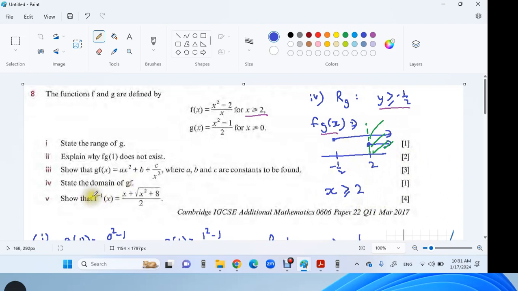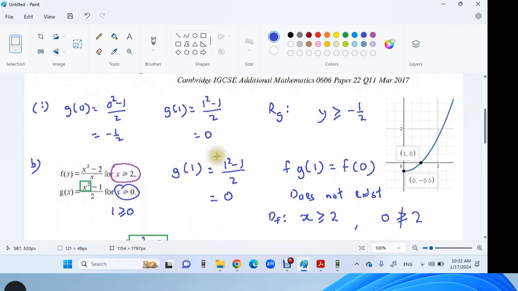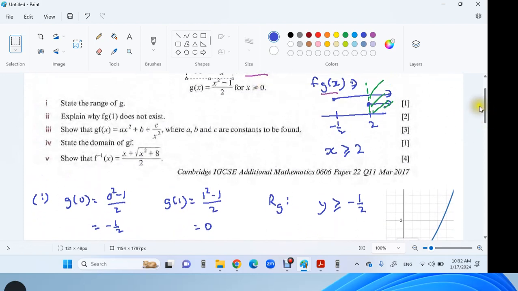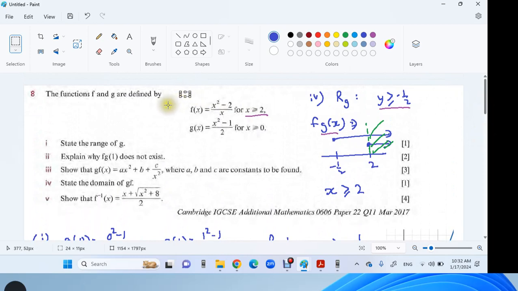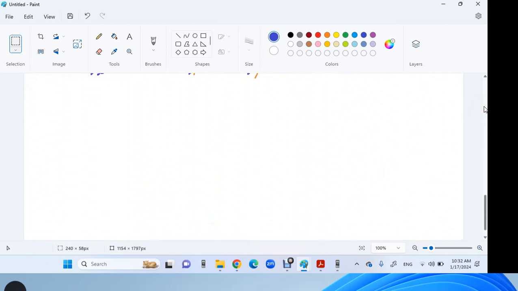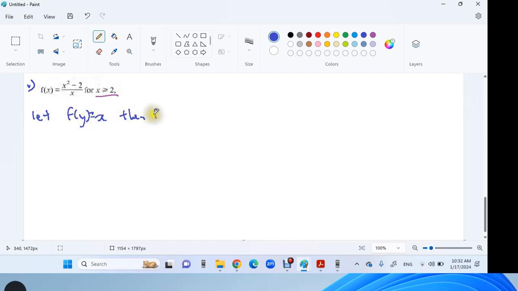After that, they want us to show that the f inverse is this one. So to find the f inverse, we will start with the sentence: let f(y) equal to x, then f inverse of x equals y.